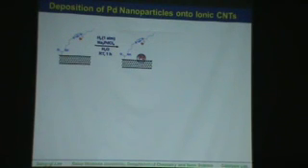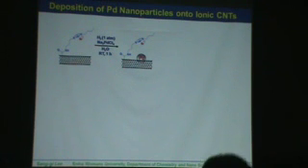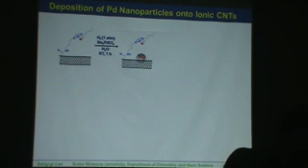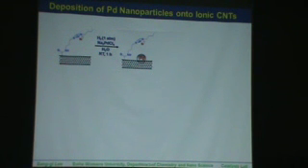So with this idea, first we made some palladium nanoparticles, depositing the palladium nanoparticles onto the ionic CNTs under very mild conditions. These are well dispersed in water. The water-soluble sodium palladium salt reduced under 1 atm of hydrogen pressure at room temperature for 1 hour is enough to get this CNT-supported palladium nanoparticle.